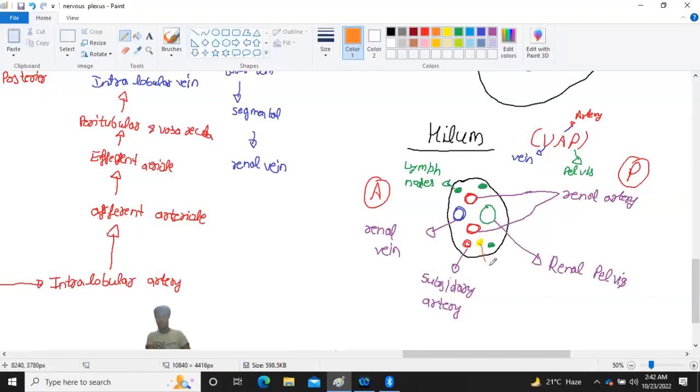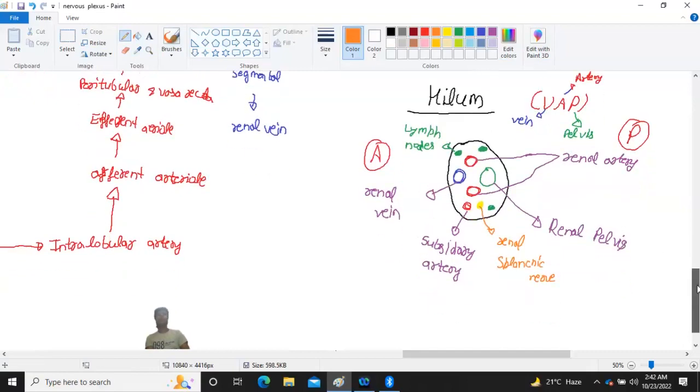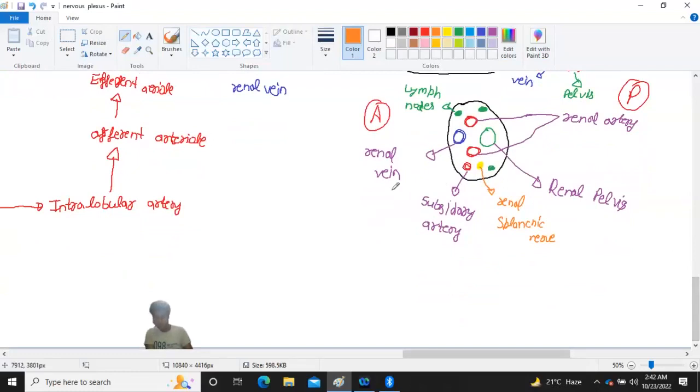So basically, these are the structures in the hilum region. Lymphatics, first write the supply.